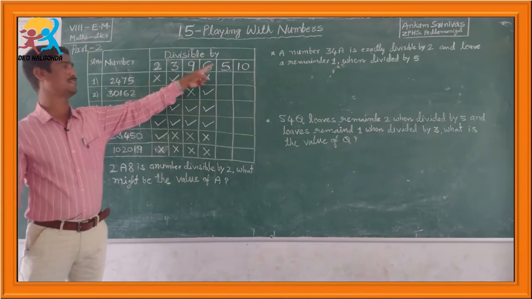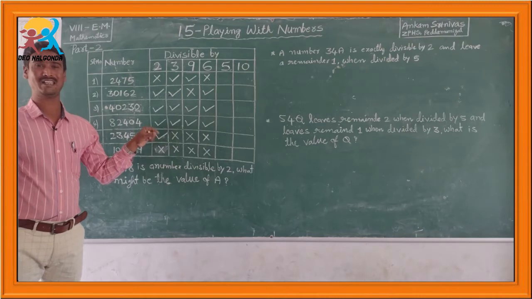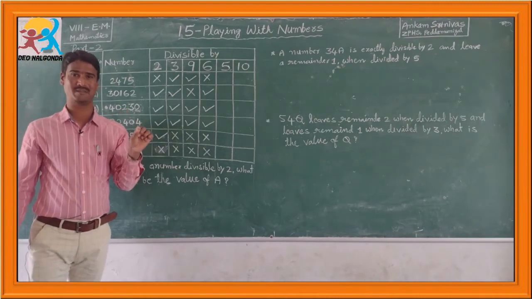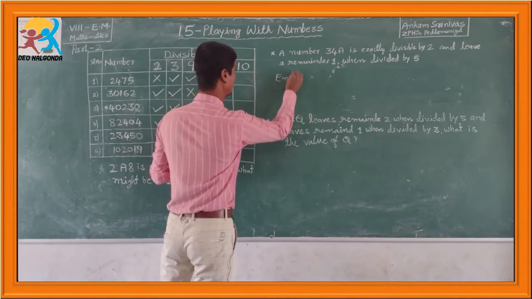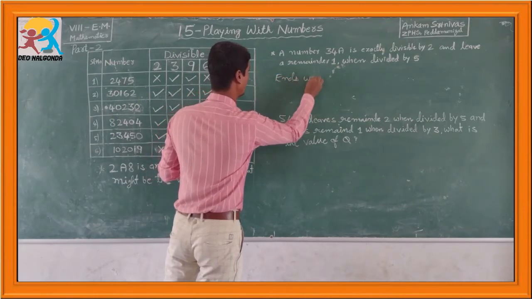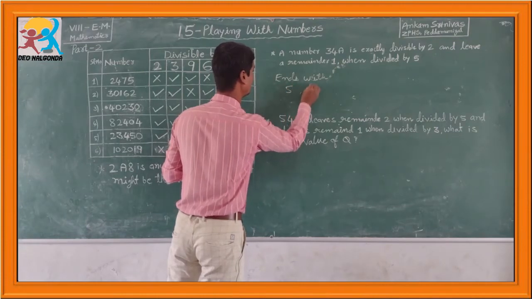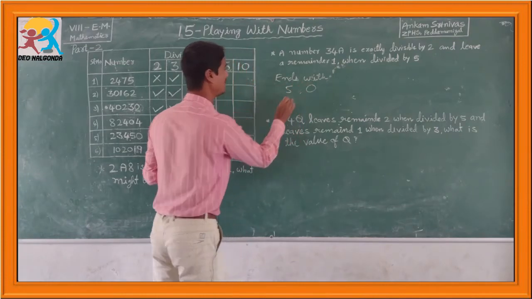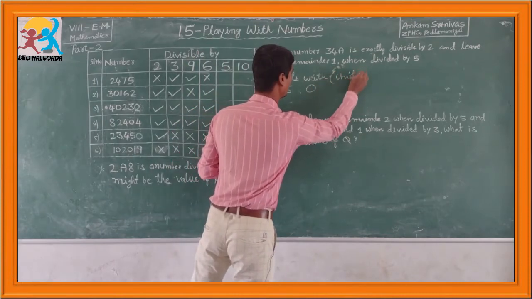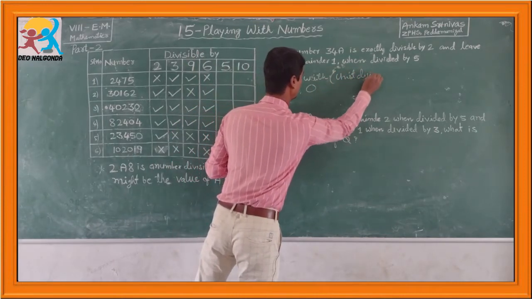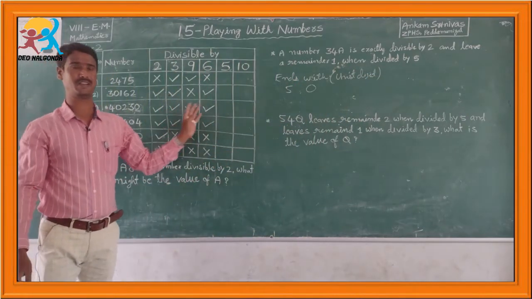Go to the divisible by 5. What is the divisible rule for 5? If a given number ending with 5 or 0, that means the unit digit of a given number is 0 or 5, then the given number is divisible by 5.